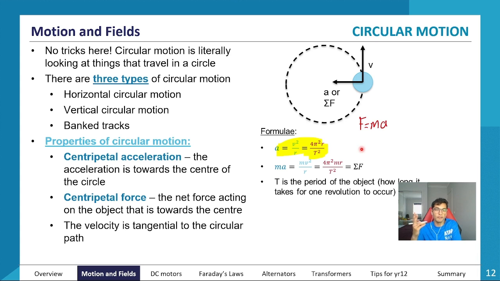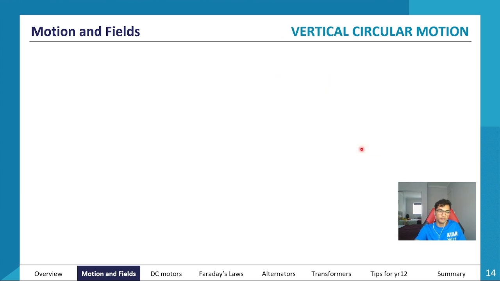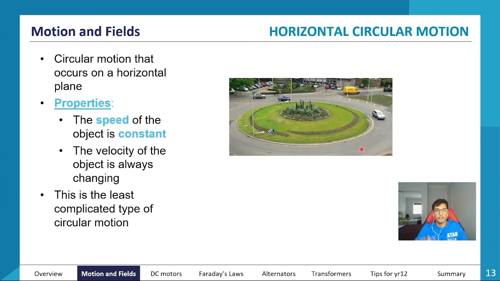Two things you have to keep in mind. This formula will give us the centripetal force, and centripetal force is always towards the center of the circle, and centripetal acceleration is given by the formulas above. Since we are traveling around a circle, the velocity is always changing because your direction is always changing.